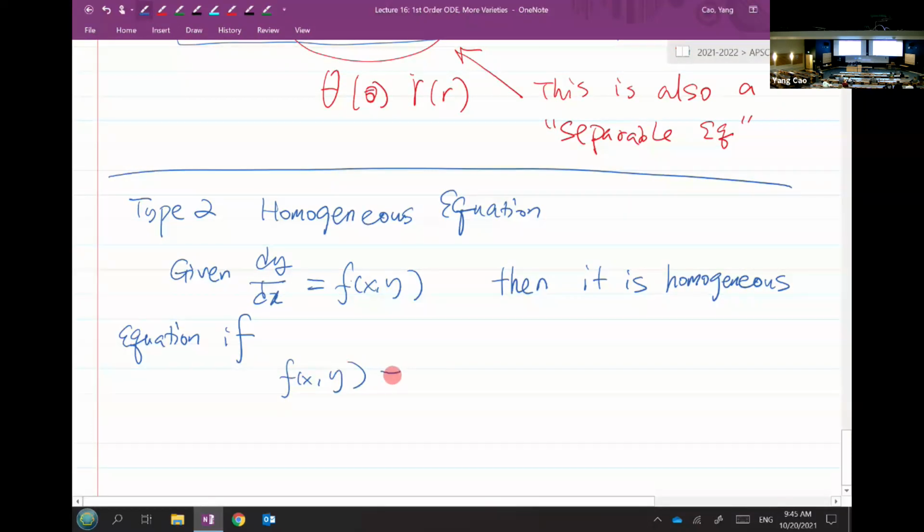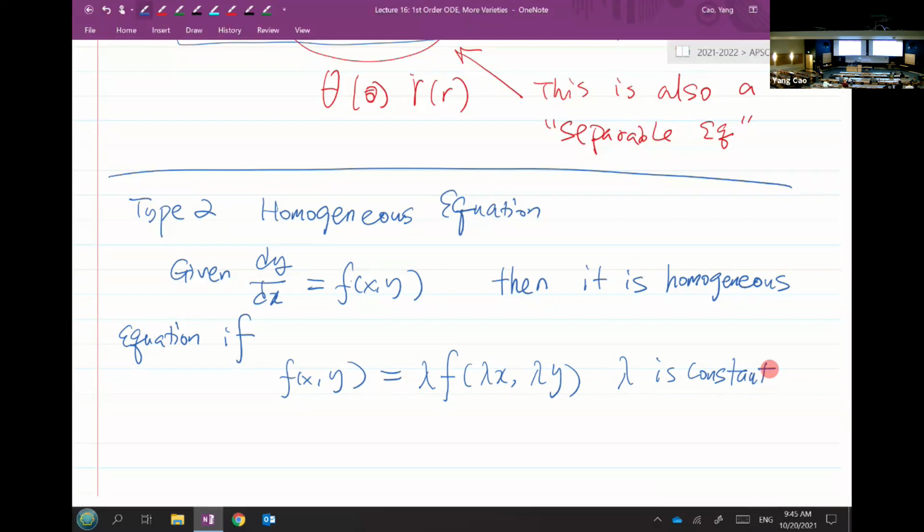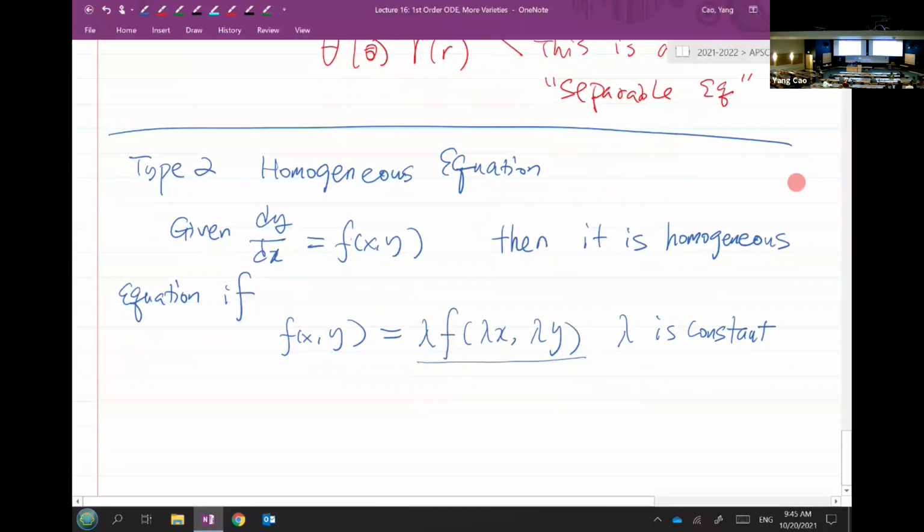The function f of x, y equals lambda f of lambda x, lambda y, and lambda is constant. So if that function f on the right side is equivalent to this expression, then that ODE is called a homogeneous equation.